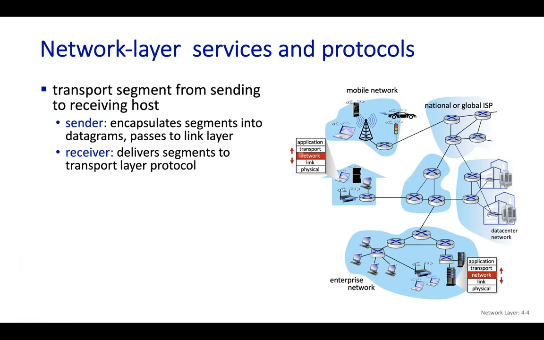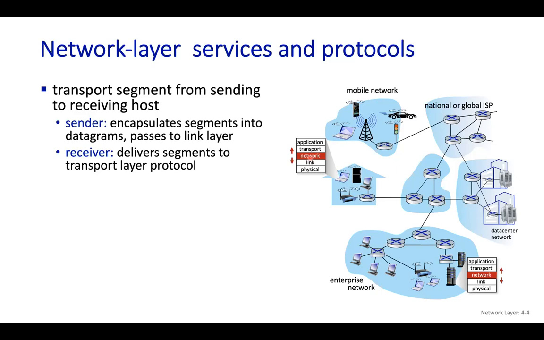We have already learned the application and transport layers, and now we are going to the network layer, and then the link and the physical layers. You can see the network layer is a key part, between the application and transport layers and the link and physical layers. Underneath, the parts are more hardware and physical related, so the network layer is quite important to connect the software layers and the hardware layers.